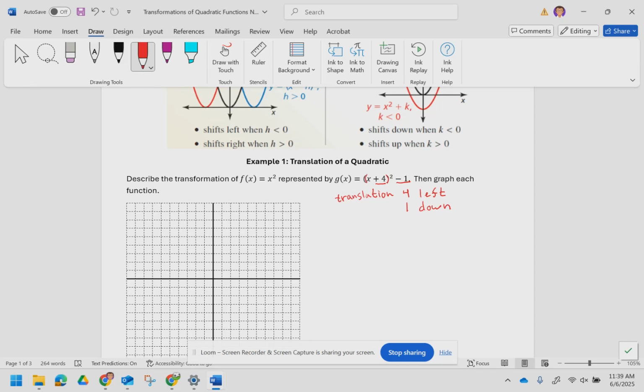So we're going to start off with the parent function. So a normal quadratic when, so let's see, at 1, oops, that should be higher. 2 squared is up at 4.